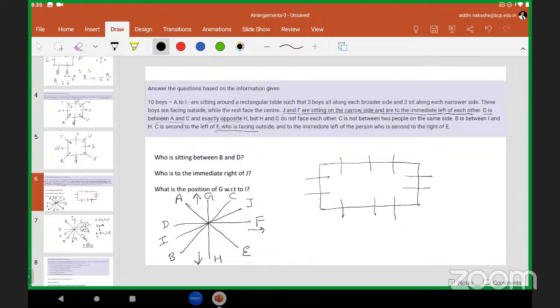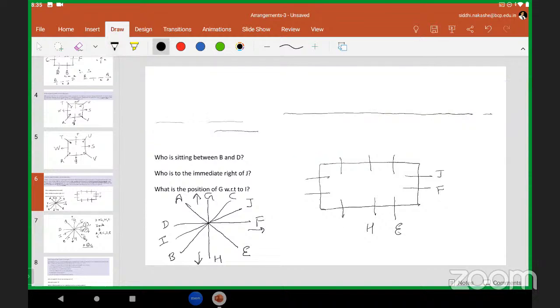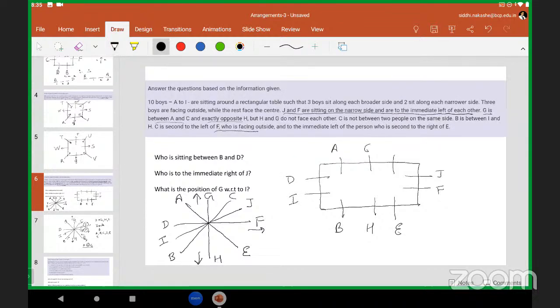Now J and F were on the narrower side and to the immediate left of each other. So J and F were towards the narrower side, which means E, B, H will be over here, I will be over here, D will be over here, and A, G, C will be over here. We have concluded this rectangle on the basis that J and F are sitting on the narrower side, to the immediate left of each other.